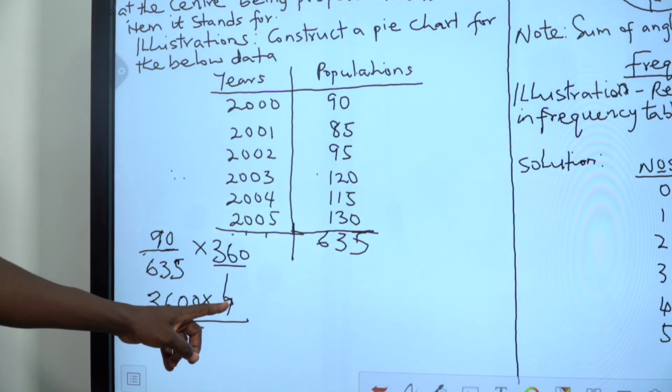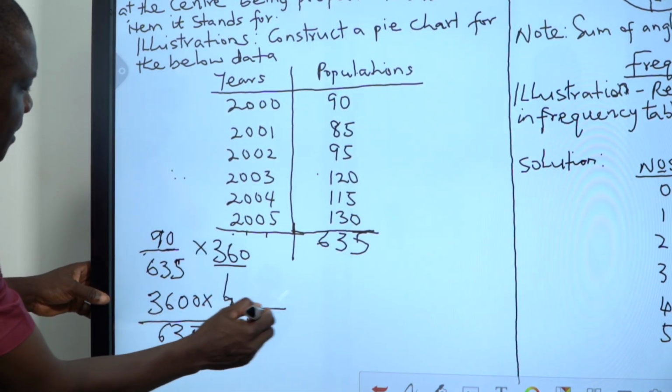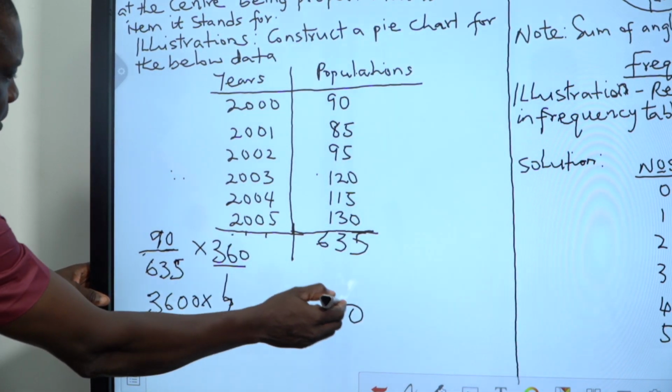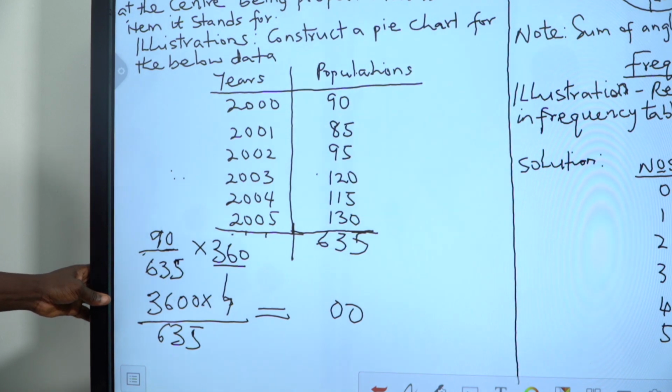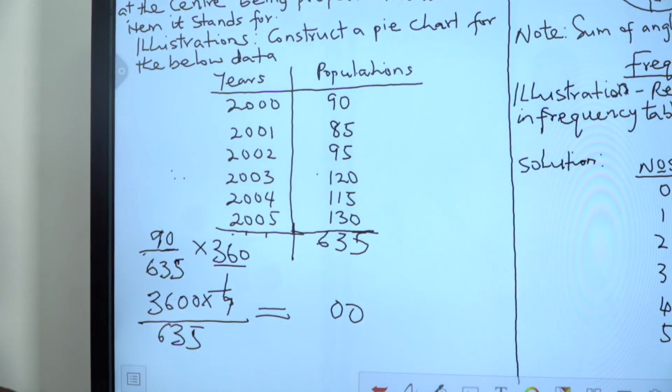I will multiply by a single digit, which is 9. 9 times 0 is 0, 9 times 0 is 0, 9 times 6 will give us 54.